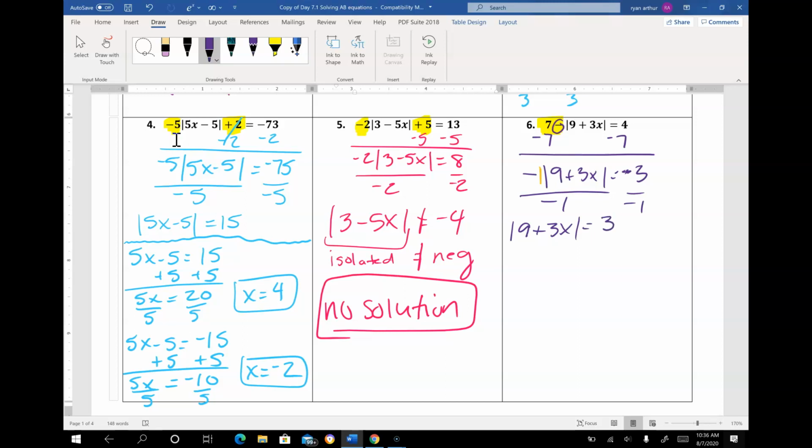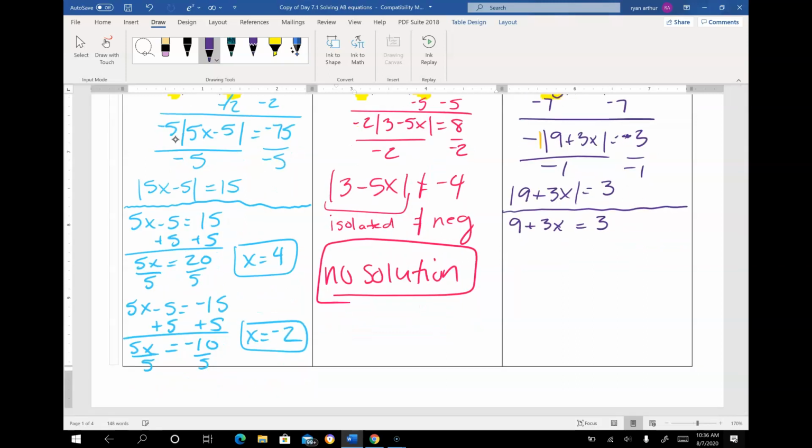Okay? So it is positive once it's isolated, so we're going to set up our cases. And we're going to say 9 plus 3x is equal to the original version, and then 9 plus 3x is equal to the opposite version. So we're going to subtract 9. I get 3x is equal to -6.